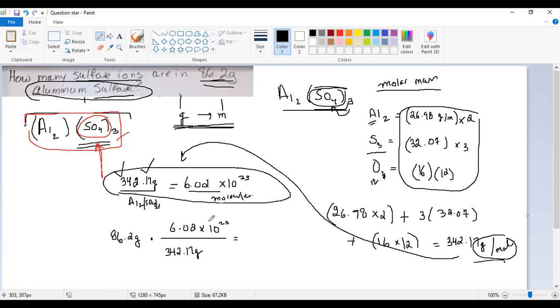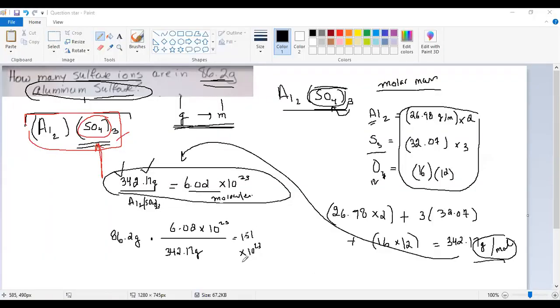So if you were to put this in your calculator, you would have 86.2 grams, or how many molecules are in 86.2 grams of aluminum sulfate. I would actually have to put this in a calculator.